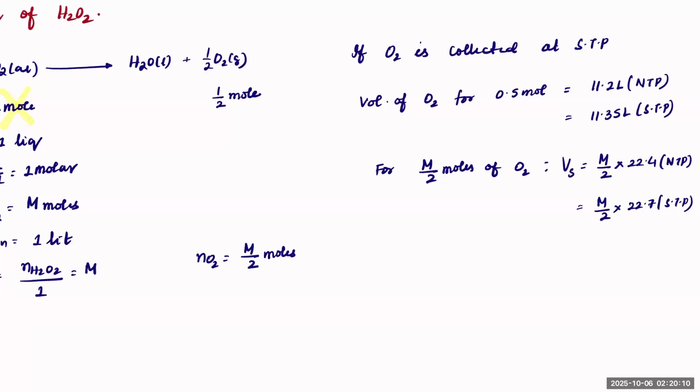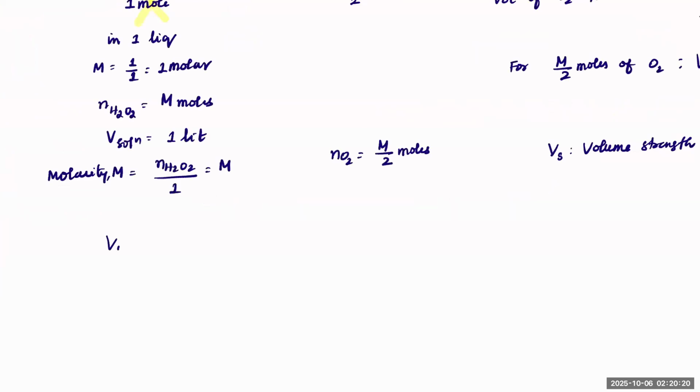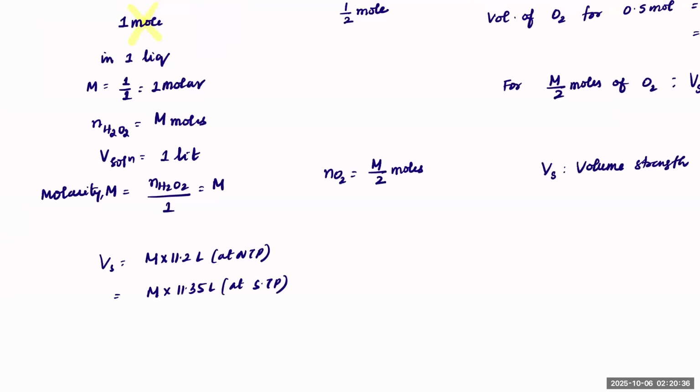Okay. So from here we will write Vs. Vs means volume strength. So volume strength Vs by definition has become molarity into 11.2 liters at NTP and molarity into 11.35 liters at STP. So this is the formula you need to remember.